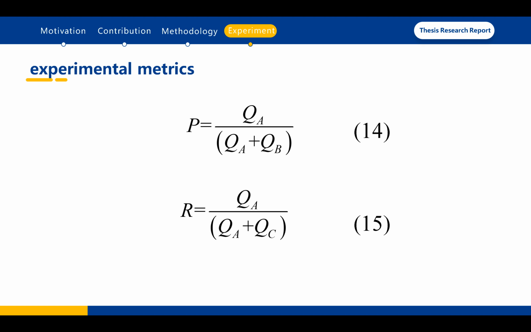The experimental indicators used to evaluate the performance of the system are the accuracy rate and recall rate of the data integration results. The formulas for calculating the accuracy rate and recall rate are provided in equation 14 and equation 15.